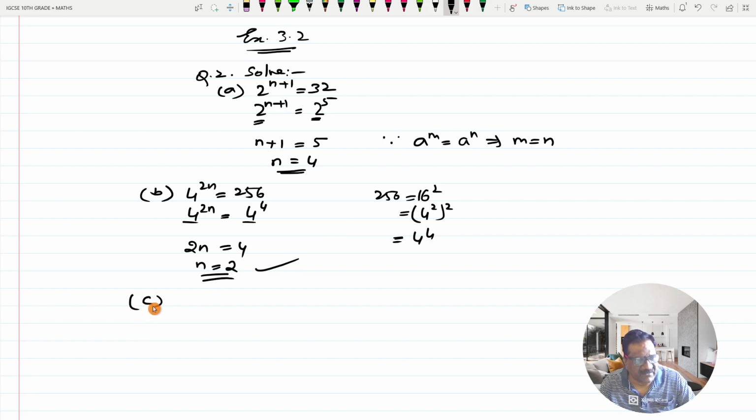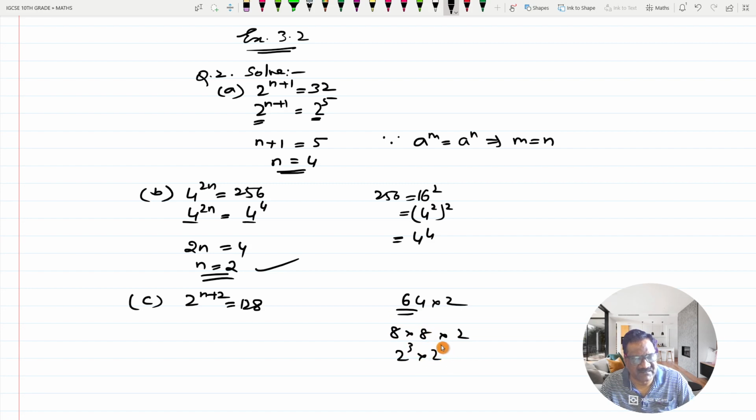The C part of this question is 2 raised to n plus 2 is equal to 128. Okay, so 128 is actually 64 into 2, and 64 is 8 into 8, and 8 can be written as 2 raised to 3.